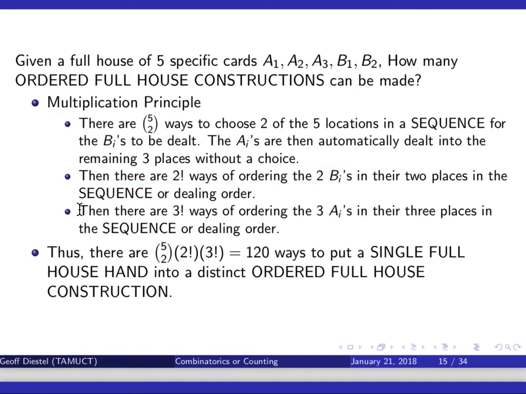Then the other cards, the 3 of the other kind of denomination, could come in 3 factorial different orders. So there's 5 choose 2 times 2 factorial times 3 factorial, or 120 ways to put a single full house into a distinct ordered full house construction based on the order of dealing.